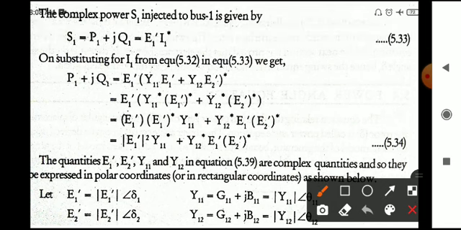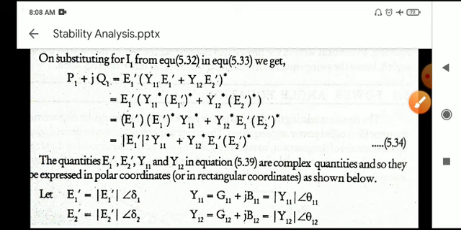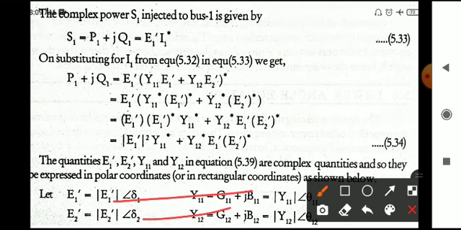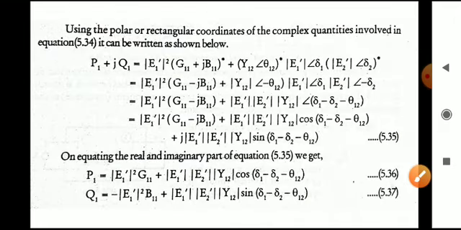Likewise, Y11 and Y12 can be represented in rectangular coordinates as G11 plus jB11, and G12 plus jB12, and in polar coordinates as modulus of Y11 angle theta 11, and modulus of Y12 angle theta 12. We are going to substitute these values in the above P1 plus jQ1 equation, and in the next slide you can see that.